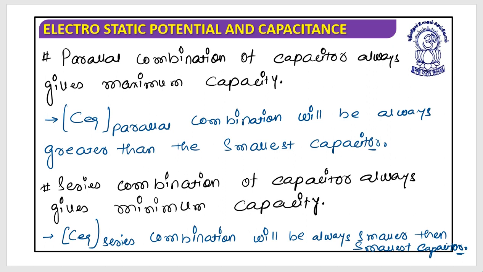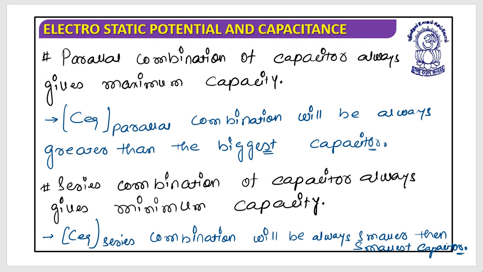So to avoid them you must remember this: when I have a parallel combination, my C equivalent would always be greater than the biggest capacitor, that is, the value of the maximum capacitor.